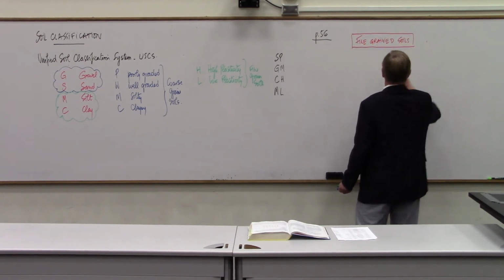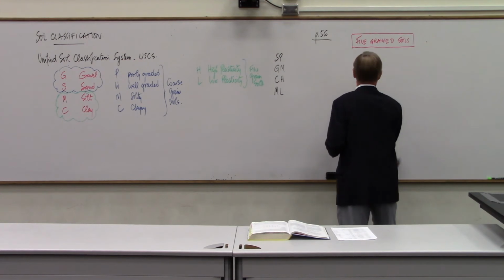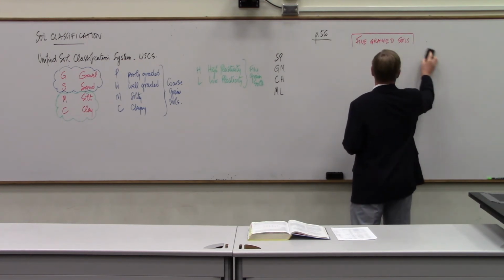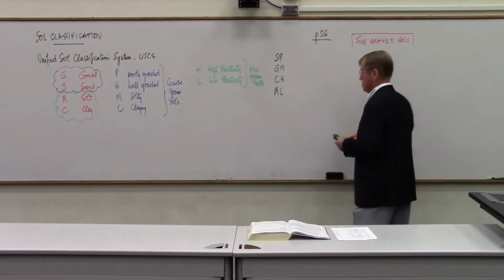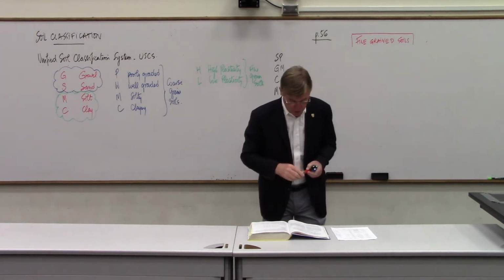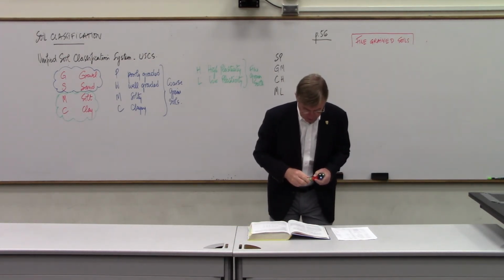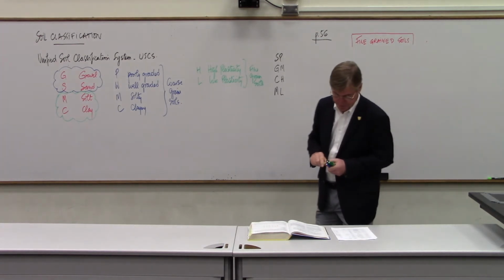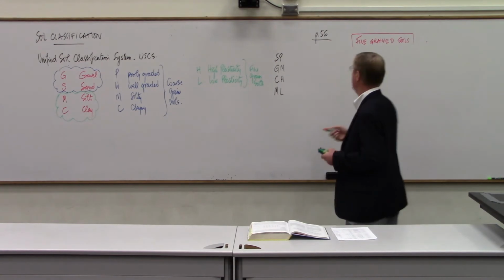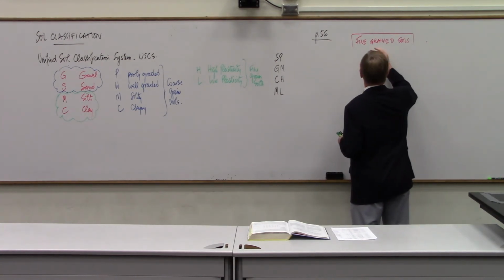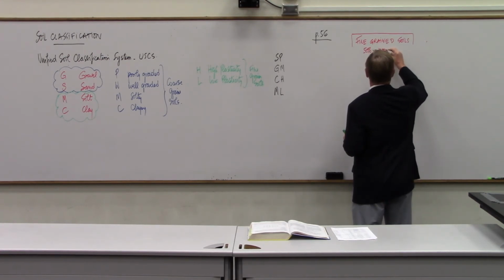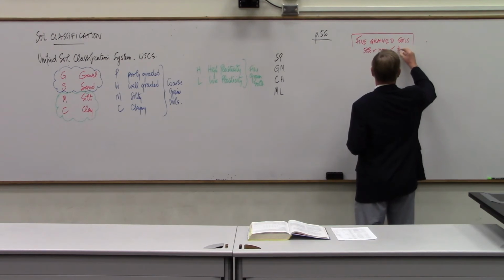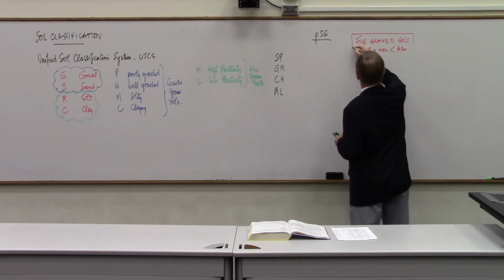Fine-grained soils will be those such that the majority of the soil particles are, so you have 50% or more smaller than number 200. Okay?